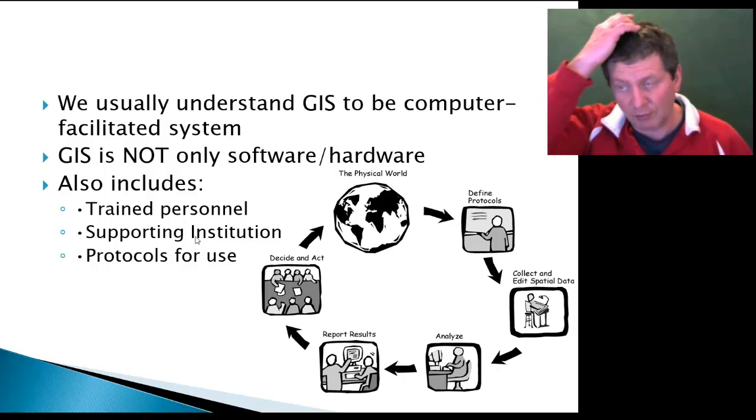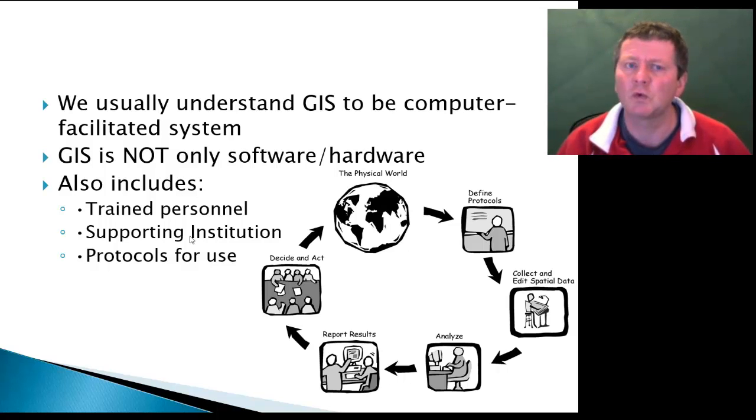It's not just, however, software and hardware, but it relates to a sequence as we go around from what is happening in the world, how do we define and extract what's happening in the world, how are we collecting and editing that data to place it on the world, and then do some sort of analysis of the data to then generate reports or maps so that we can then provide that back to groups of people that can decide and act. So the GIS system incorporates all of these components.